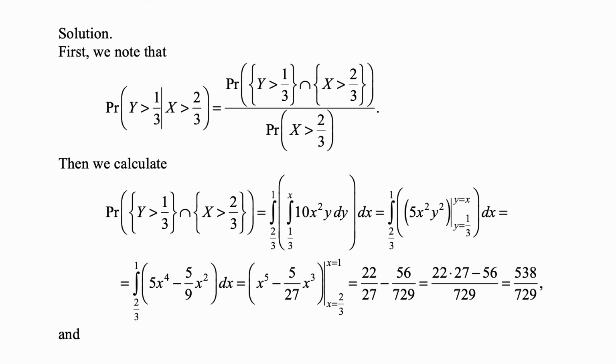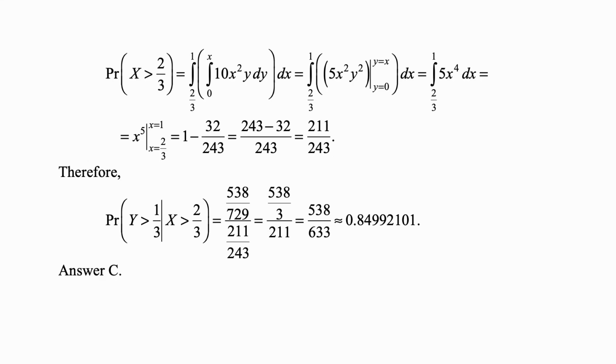So 22 over 27 is equal to 22 times 27 over 729. And therefore we have a common denominator, and we simply take 22 times 27 minus 56 over 729. And we end up with 538 over 729. That's the probability of the intersection of those two events.